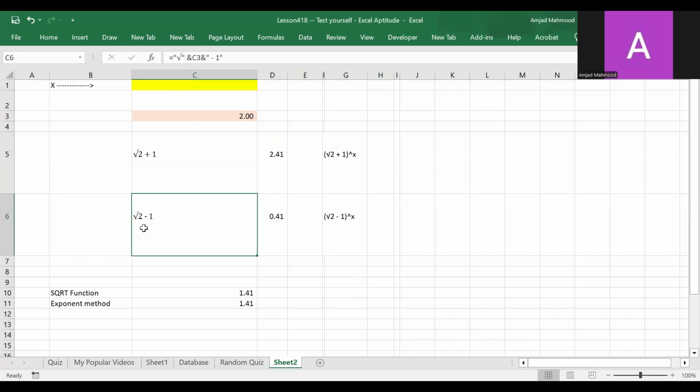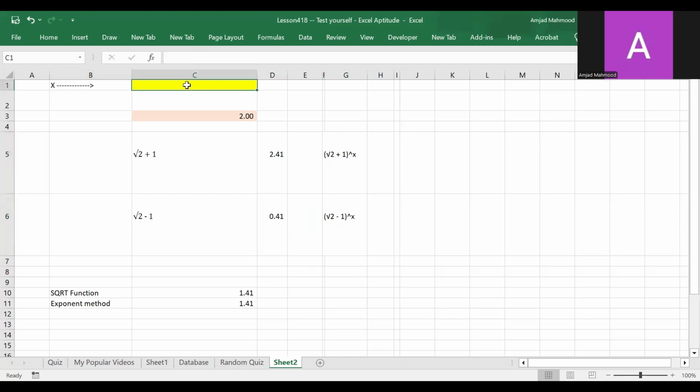That is the square root of 2 minus 1. The square root of 2 is 1.41, and minus 1 gives 0.41. Now it is raised to power x.